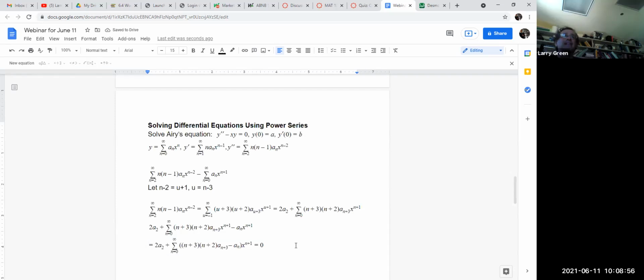All right, so then finally I can start realizing that if it equals 0, I can write this out and look to see what happens. For example, if I work this out, I get 2a sub 2.